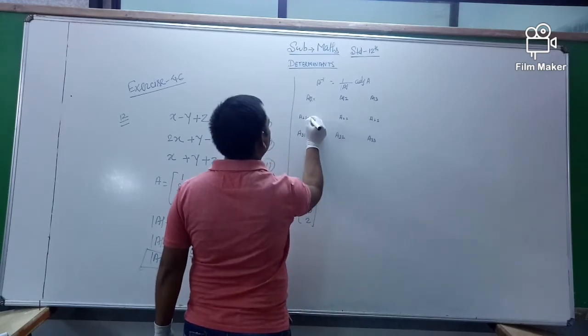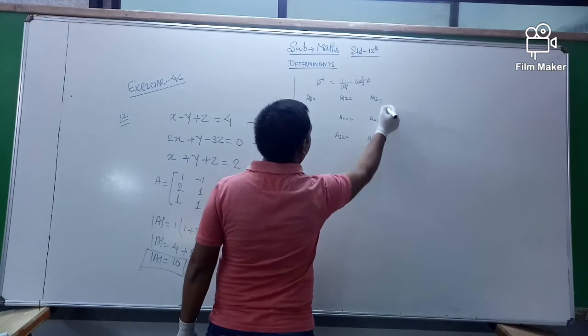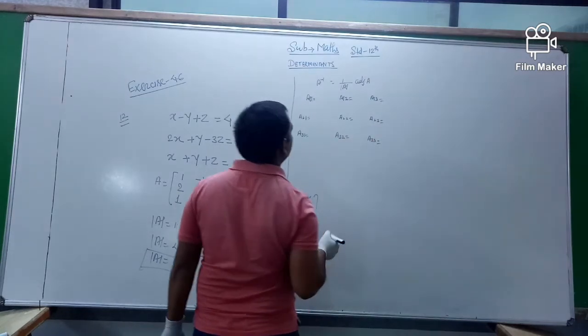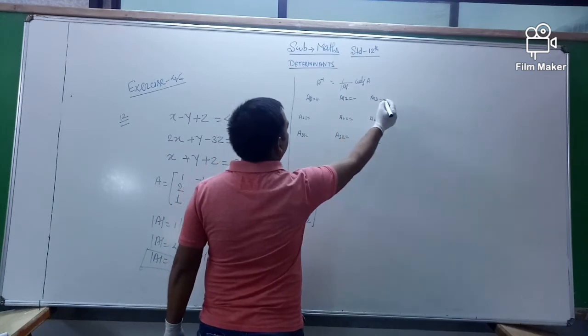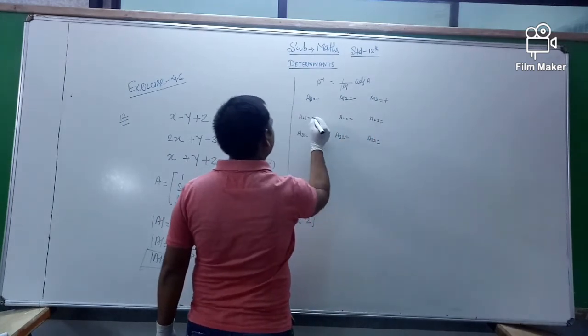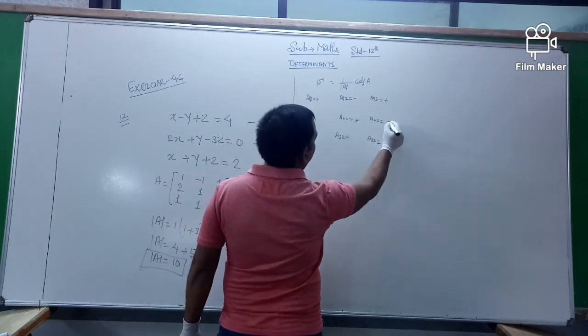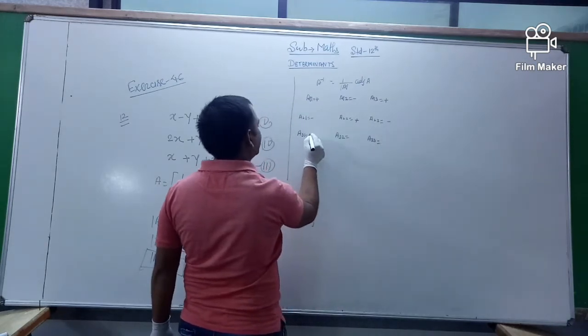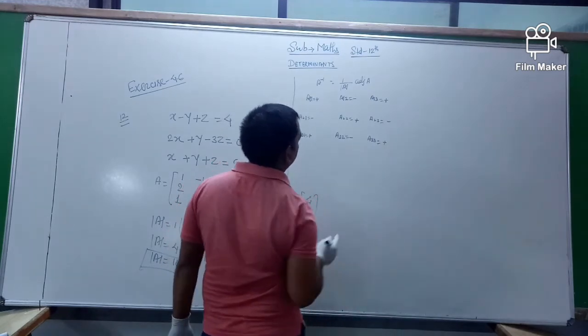First you put the signs. A11 is positive, A12 is negative, A13 is positive, A21 is negative, A22 is positive and A23 is negative, A31 is positive, A32 is negative, A33 is positive.